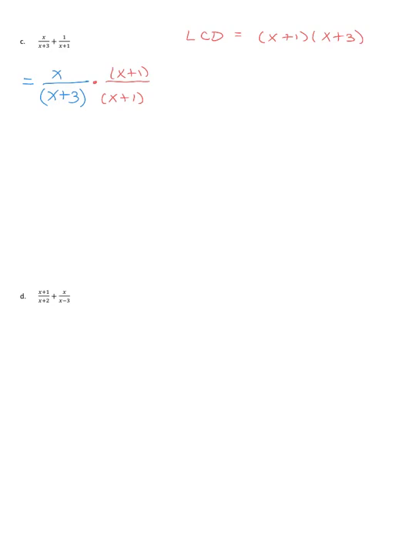And then for the second one, it's the x plus 3. Since I now have a least common denominator, I'm going to write that as x plus 1 times x plus 3. I won't multiply it out.